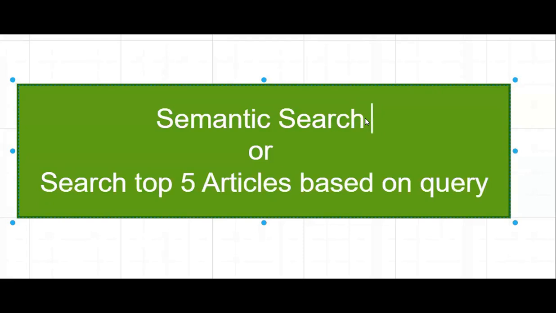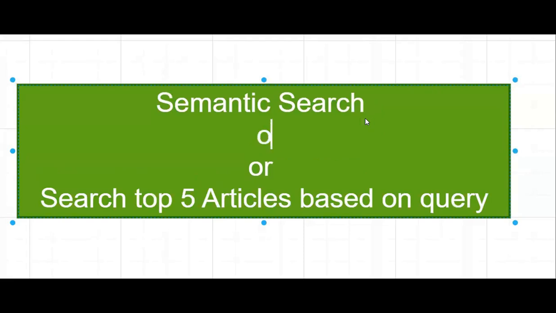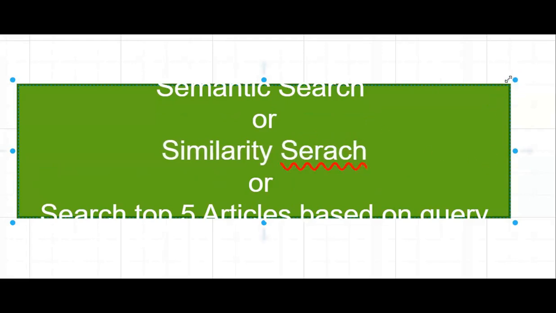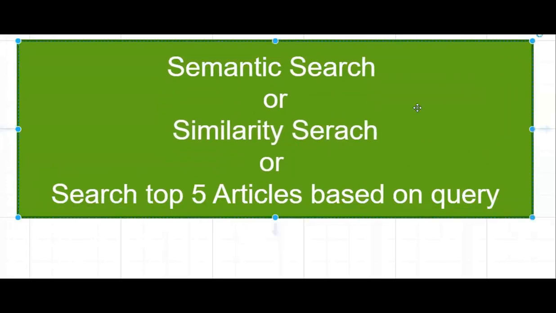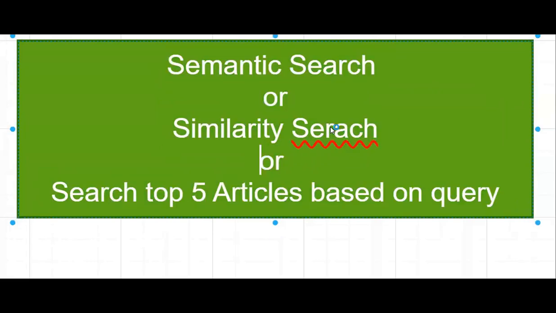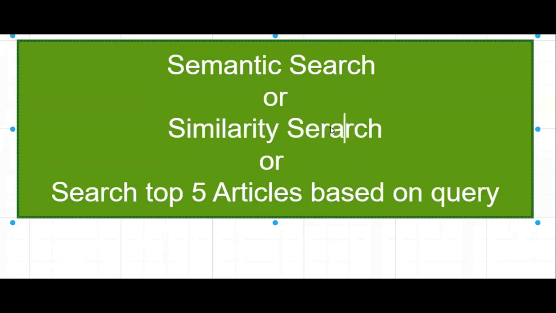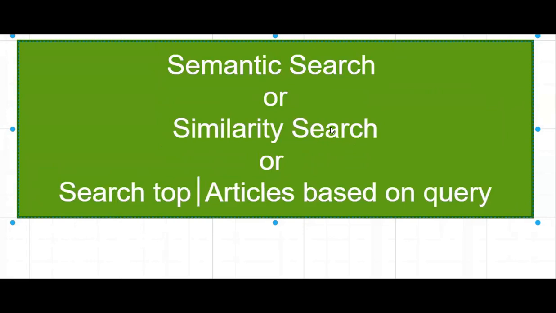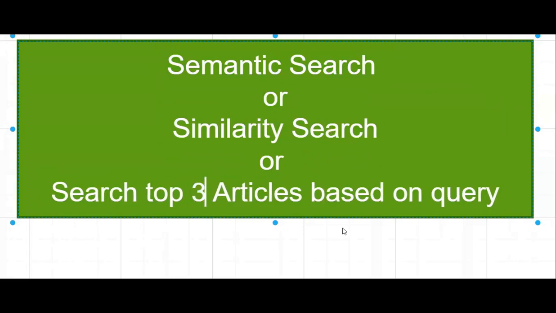This is how we can implement this semantic search or similarity search, or the search of top three articles. So in this example, we searched the top three articles based on the query that we provided inside a data frame.